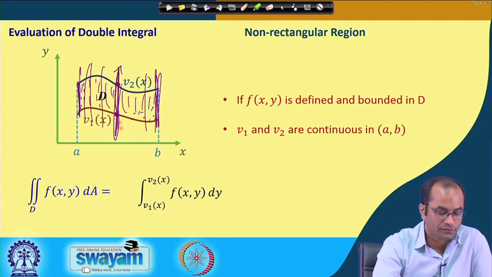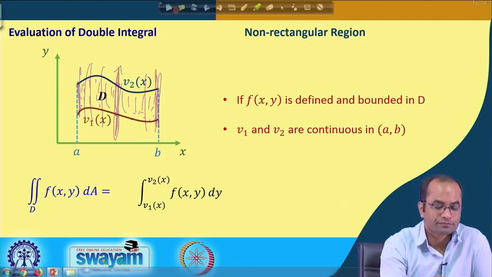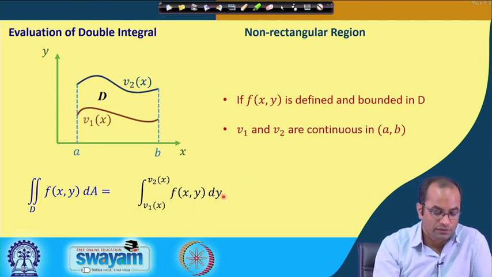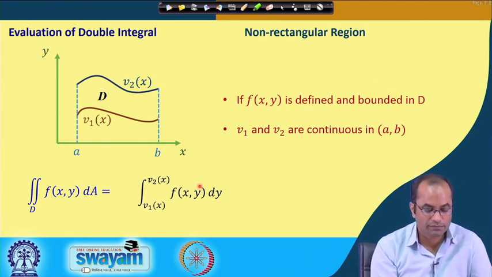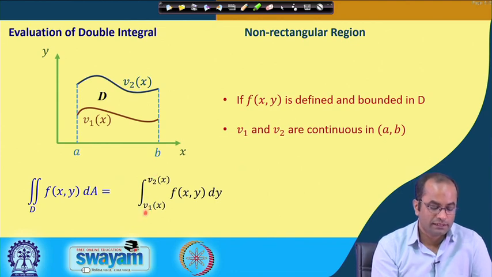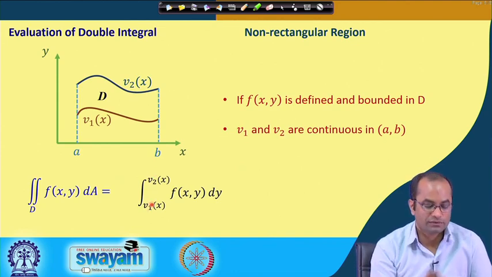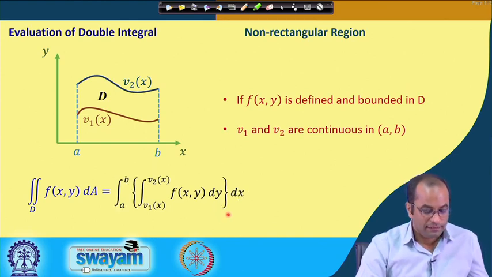For the y direction we have the limits v1(x) to v2(x). Having this integral first, this is again a single integral, because x we are not touching here; we are integrating with respect to y, taking the limits from v1(x) to v2(x).